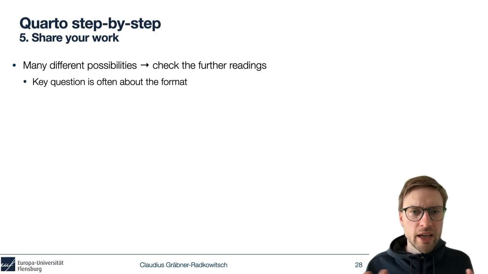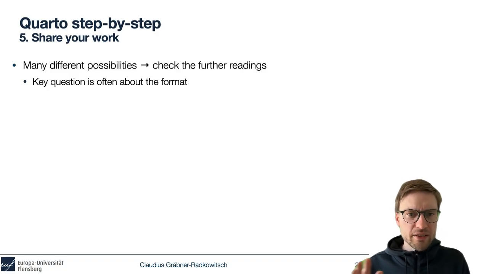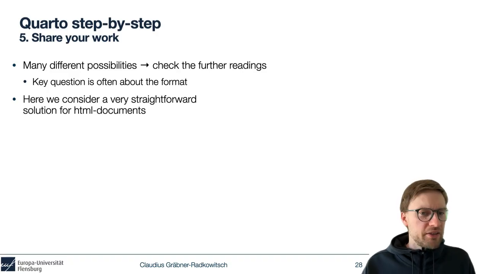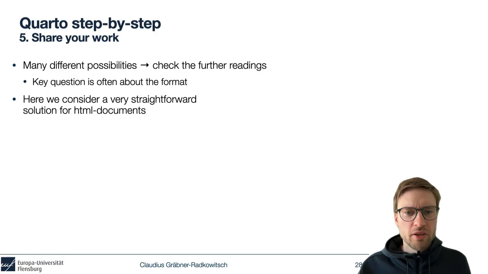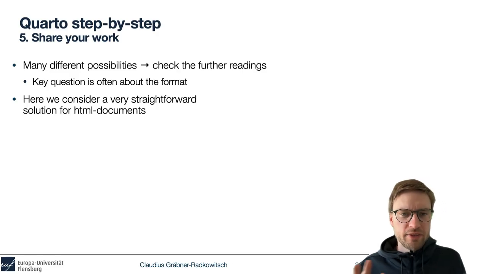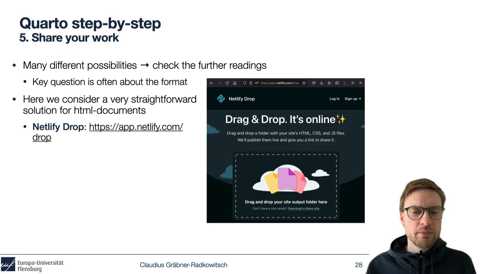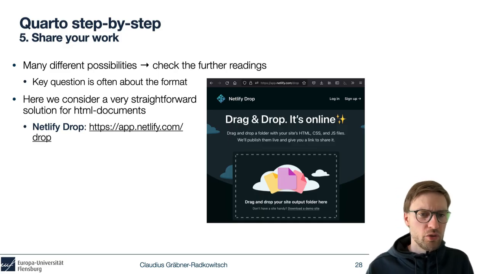That's usually a key question. And for all the common ways of communicating your results, you can be sure that there is some option to achieve that in Quarto. Here's just one example of what is possible, because there are a lot of these nice fancy tools. Here's a very straightforward way for HTML documents. There's a service called Netlify that I, for example, also use to host my web page. They have this subservice called Netlify Drop.